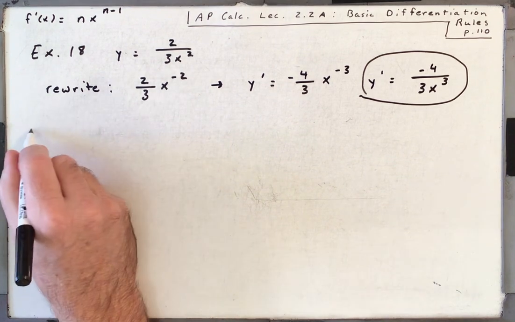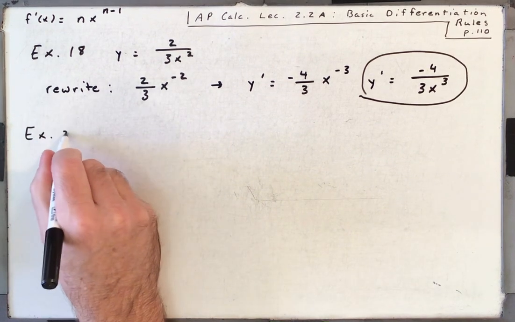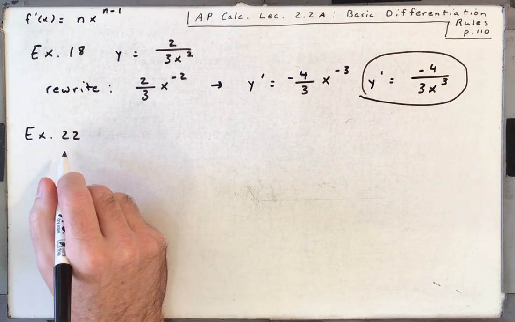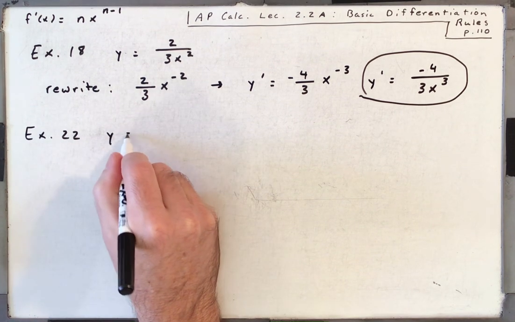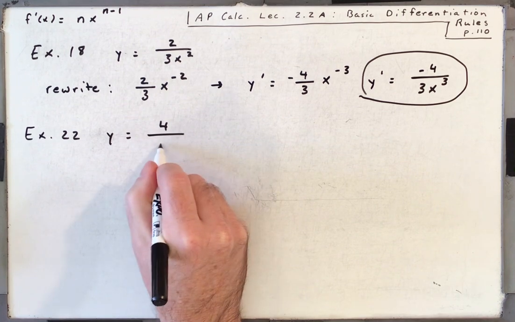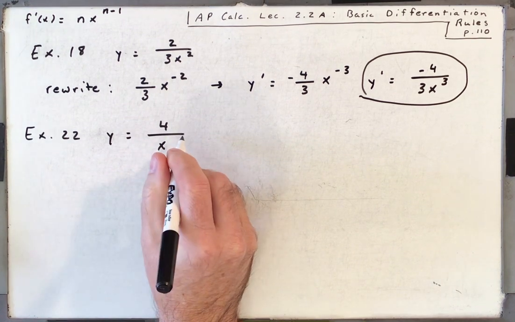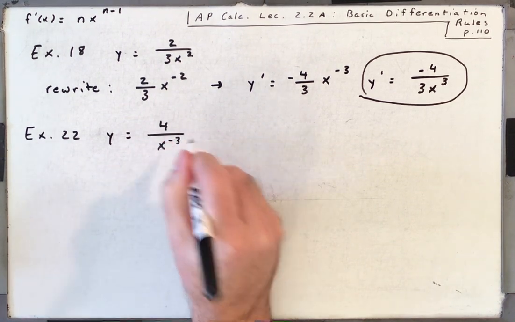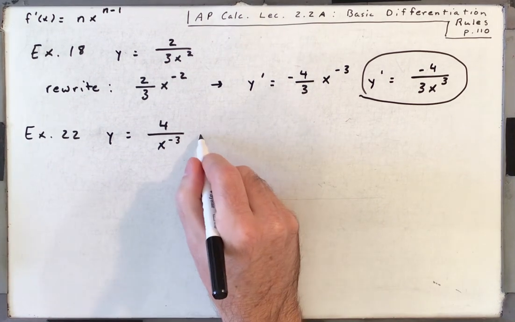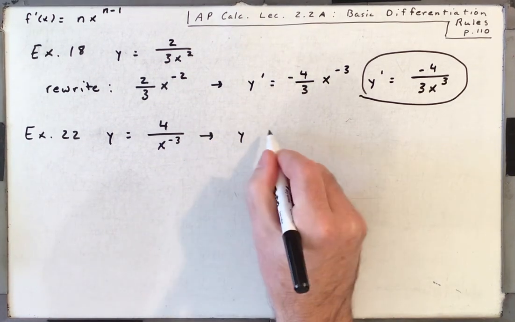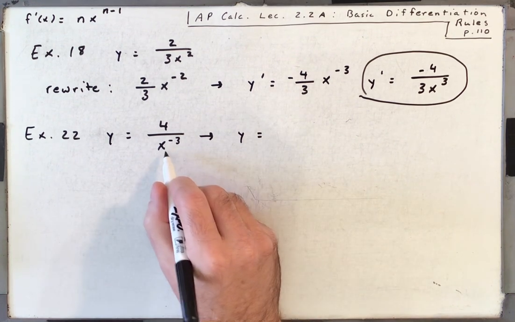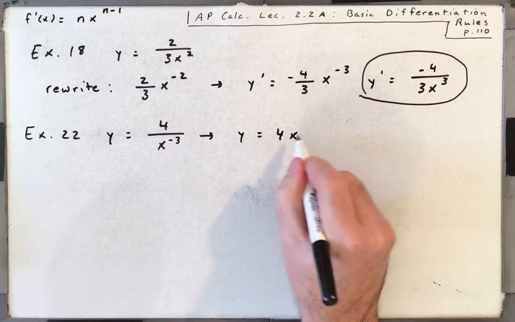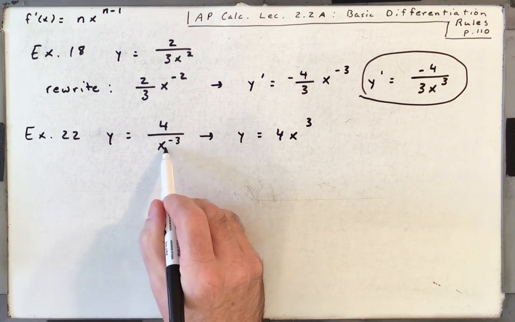All right, let's look at example 22. That is y is equal to 4 over x cubed. Actually, x to the negative 3. Well, this one's really easy to rewrite. That's y is equal to 4x to the negative 3. Bring that one upstairs.